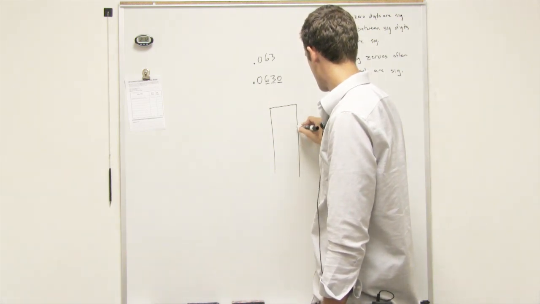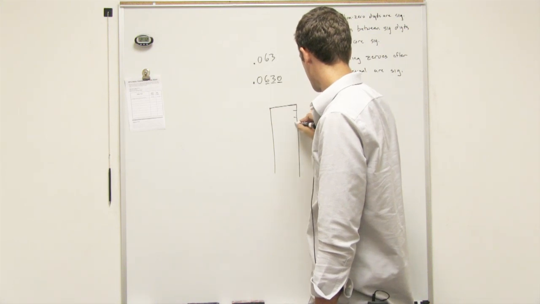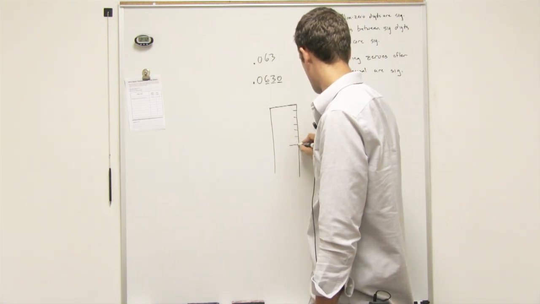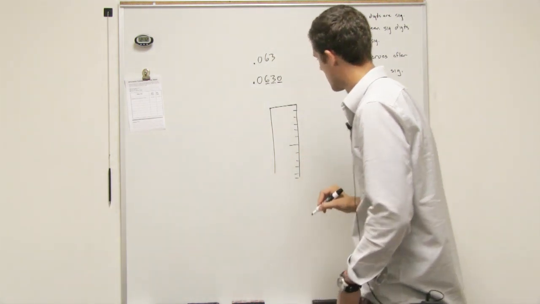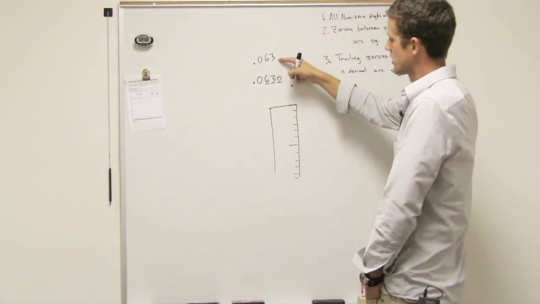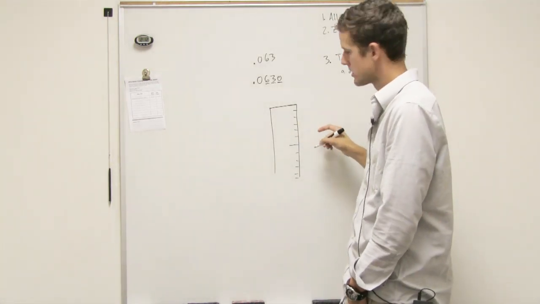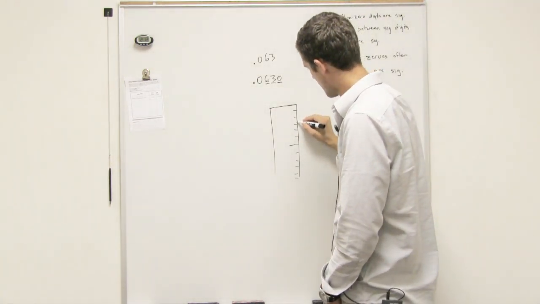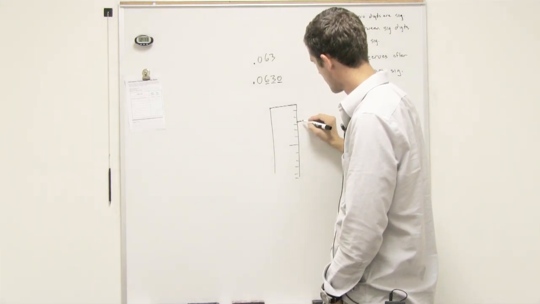So let's see, maybe your ruler looks like this. You got 1, 2, 3, 4, 5. So this one could be like, not that it's to scale, but going only to that decimal place, that'd be kind of like if you're measuring a length that got to here, right?